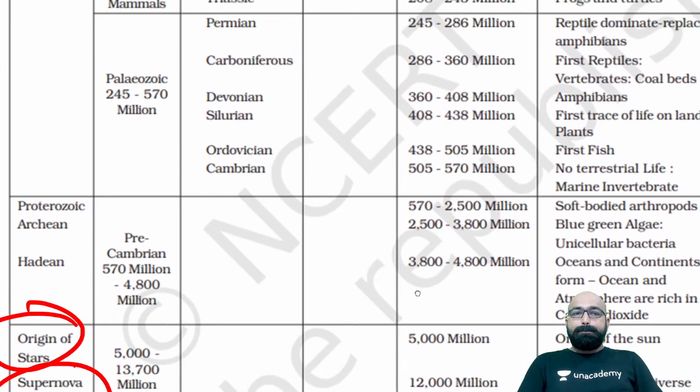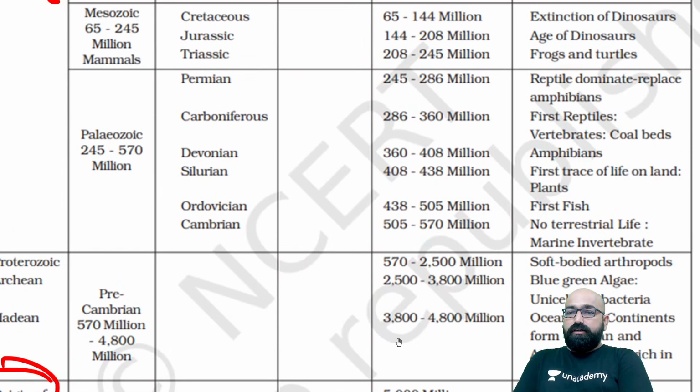Now then, Paleozoic era, 245 to 570 million years, where Cambrian, Ordovician, Silurian, Devonian, Carboniferous, and Permian.